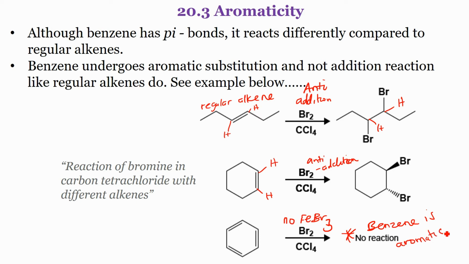So if you are asked a question, why does benzene not react through addition reactions like other regular alkenes? The answer is benzene is aromatic. The regular normal alkenes are not aromatic. So those ones will undergo addition, benzene will undergo substitution.